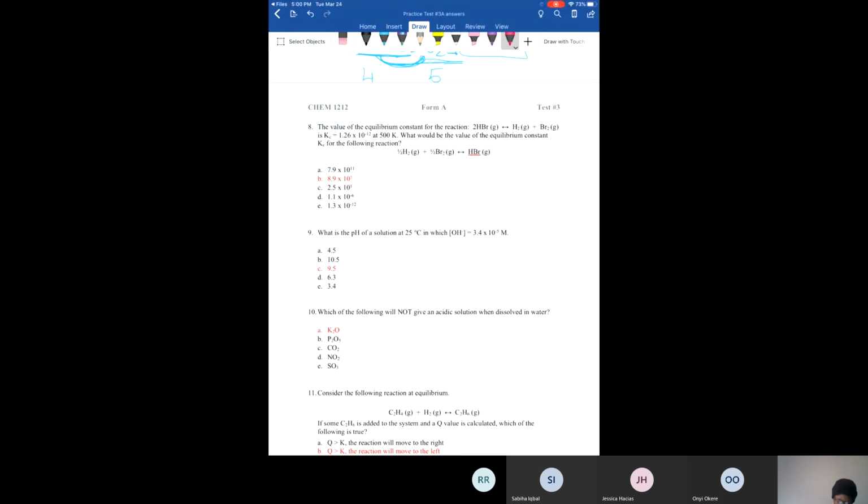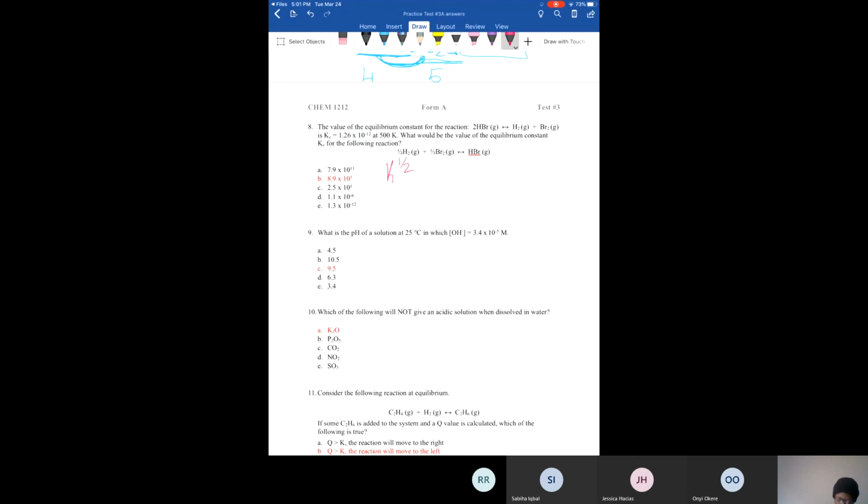So what you did was you took everything and you divided by 1/2. So whatever you do to the concentrations, you have to do to the K constant, except it's slightly different because you don't multiply the K constant by 1/2. Don't fall into that trap. What you're going to do is raise your K constant to the 1/2 power.